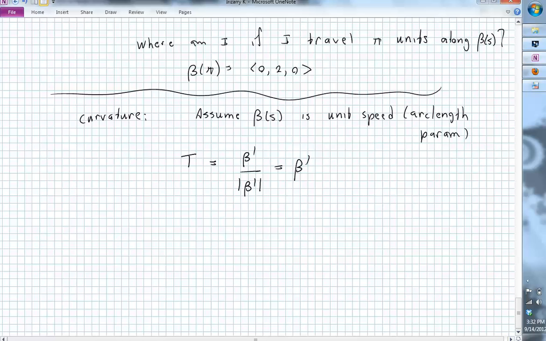As opposed to, in general, it's r prime over the magnitude of r prime. And so there's this extra step that you would have to do. Okay. Curvature, kappa of s, is the magnitude of T prime. That's its definition.